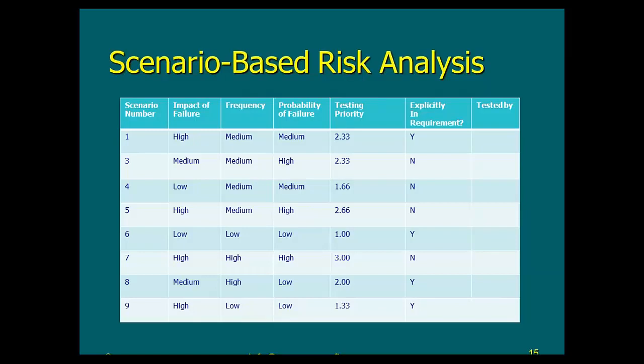scenario-based development and testing does not go without risk analysis. Why? In fact, you will need the risk analysis much more in this process than any other process, because if you follow this process, you will come up with many more scenarios than you can ever test. You're going to be looking at one user story, and you'll find that that user story has about 60 or 70 scenarios.